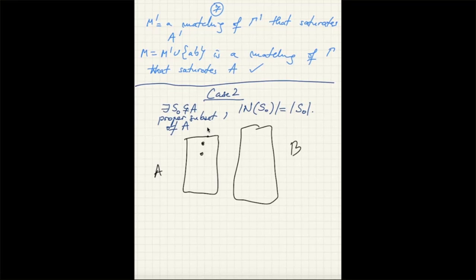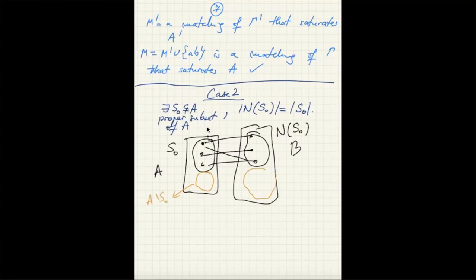Let's say we have an S0 here, and this neighborhood is N of S0. And then you have another part in this graph, because this is a proper subset. So this part is A minus S0. And you also have another part here, which is B minus the neighborhood of S0.